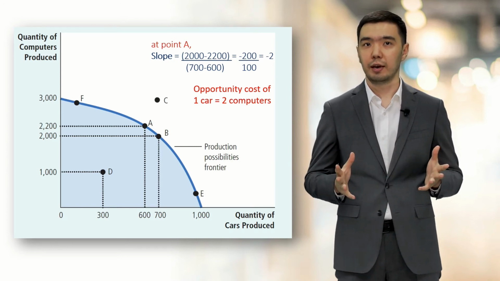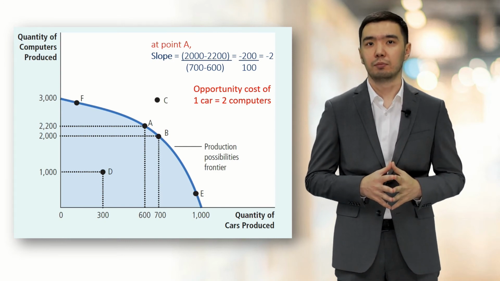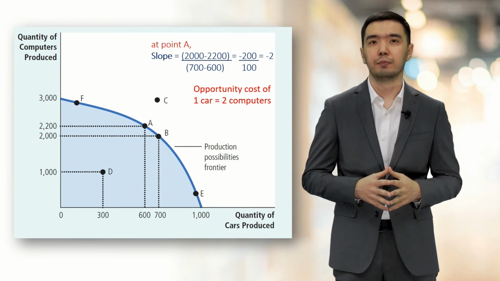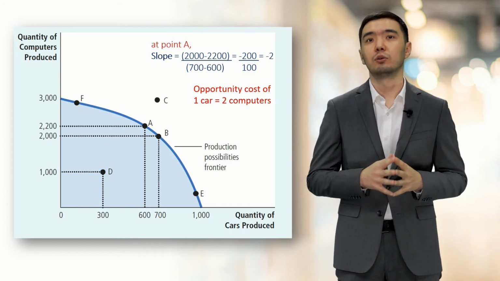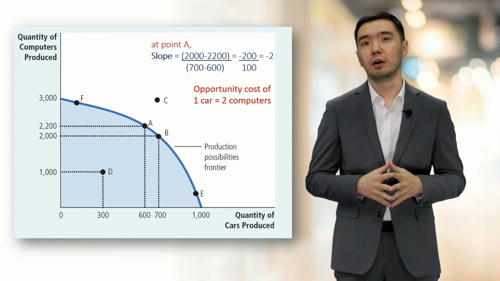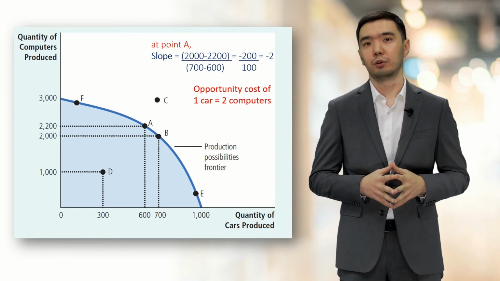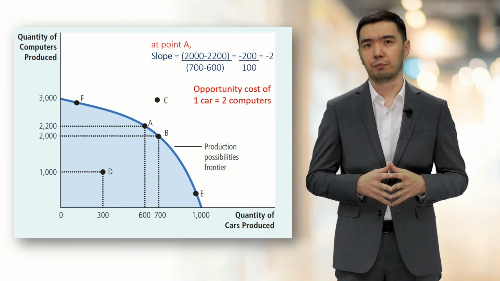The slope of a line is the ratio of the vertical change and the horizontal change between 2 points on the line. So the opportunity cost of a car in terms of the number of computers is not constant in this economy, but depends on how many cars and computers the economy is producing. This is reflected in the shape of the PPF curve.